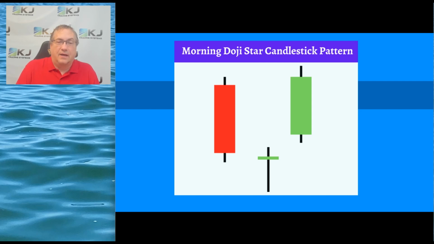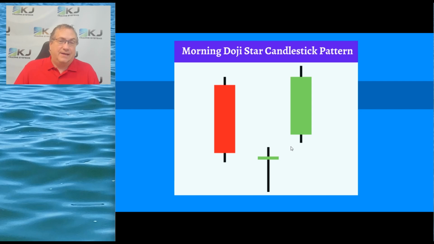where to go long, I'll use the morning doji star, where you have a down bar, which is this red candle. Then you have a doji bar, which basically means the open and close will be the same price, or very close to the same price, depending how you set it up. And then the next bar will be a green bar, an up bar.